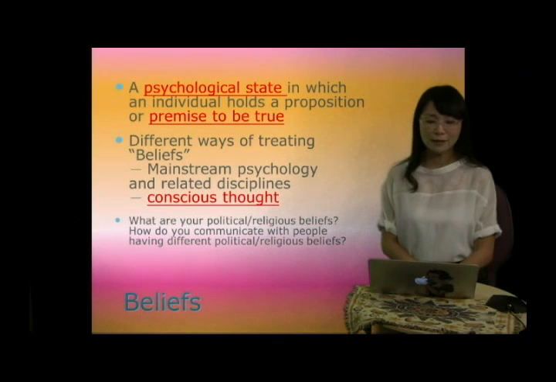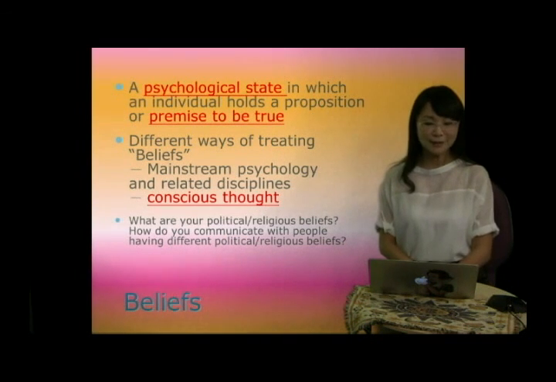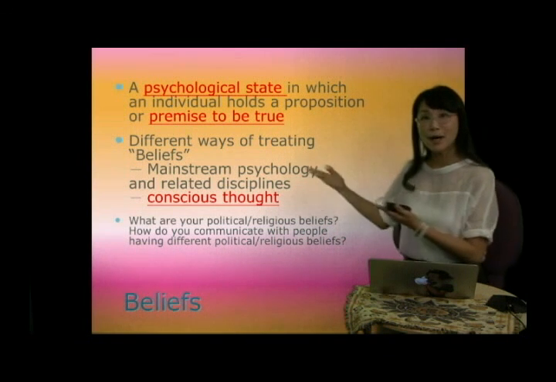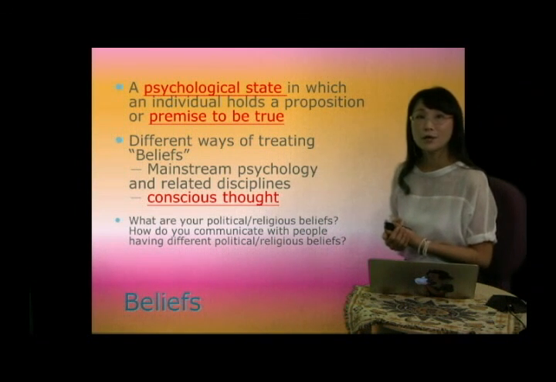Mainstream psychology and related disciplines have traditionally treated belief as if it were the simplest form of mental representation, and therefore one of the building blocks of conscious thoughts. So beliefs basically mean conscious thoughts.